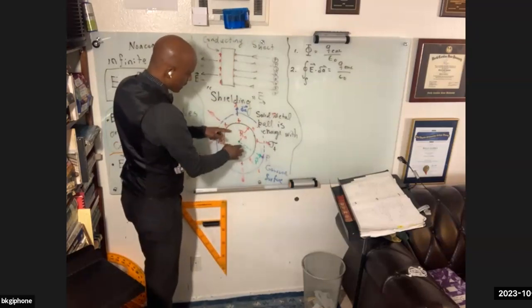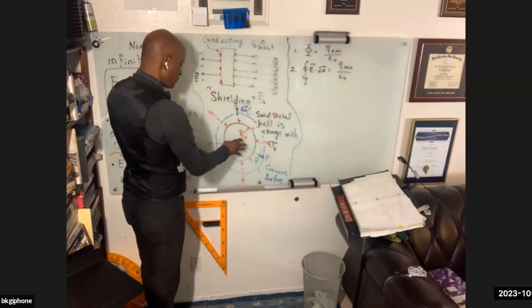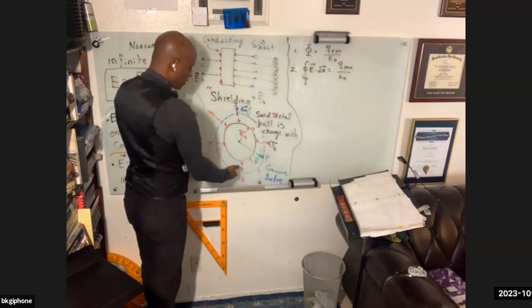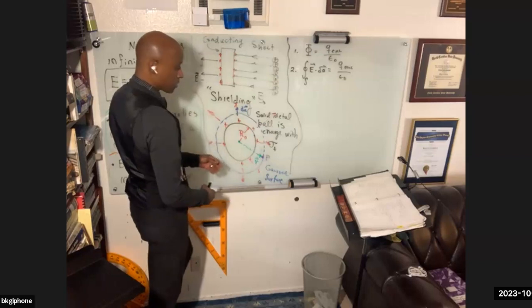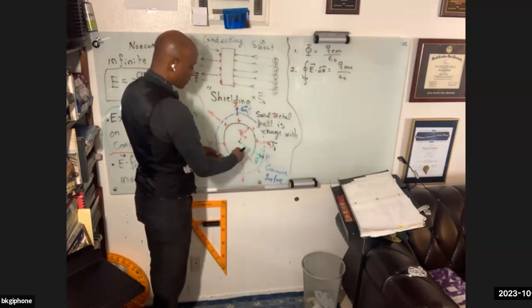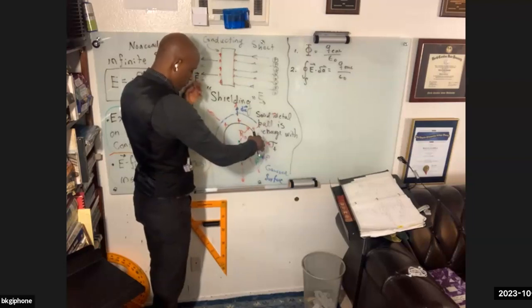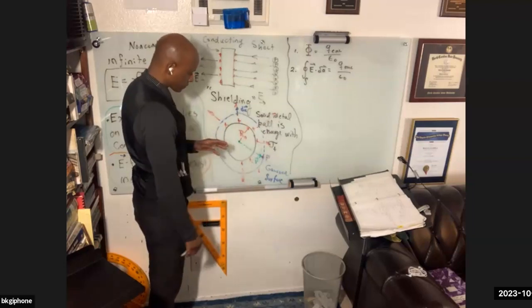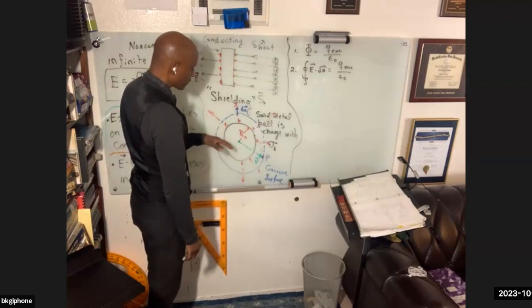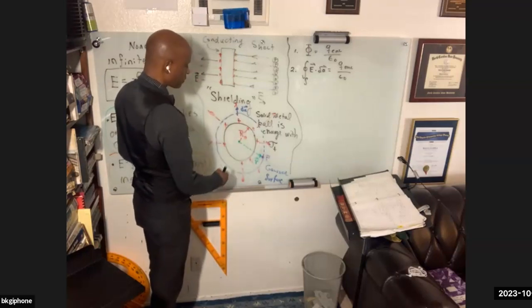Since I've centered my Gaussian surface over this distribution, the electric field is equal in magnitude everywhere on the surface, because we know the electric field diminishes as r squared, but the Gaussian surface is the same distance away from the center everywhere.